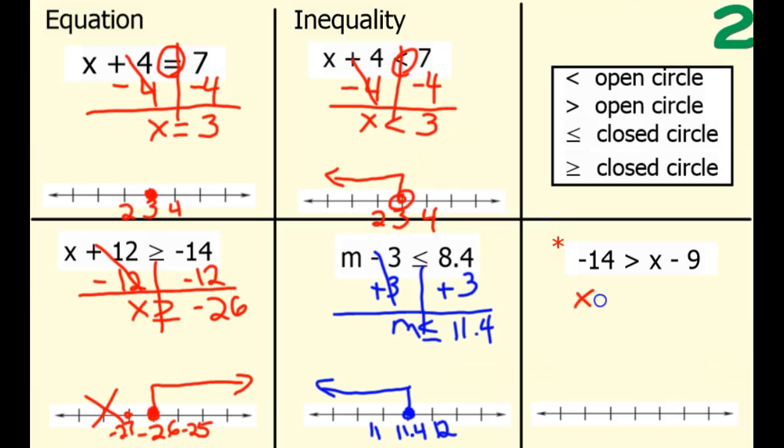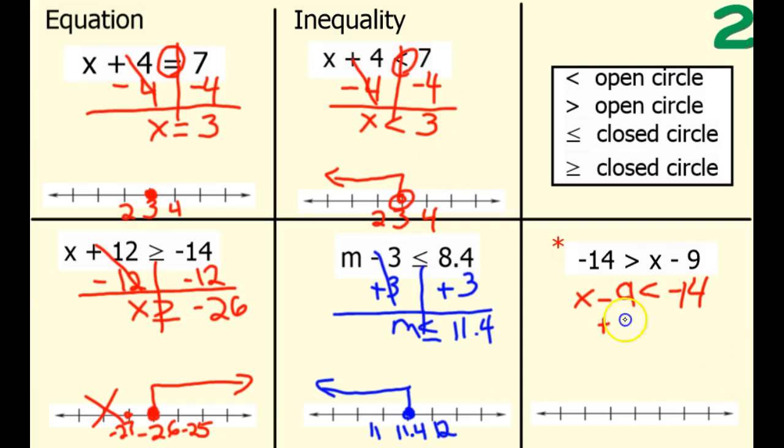X minus 9. Now we're going to flip the sign. So instead of greater than, now it's going to be a less than sign. Negative 14. So whenever we're trying to get the variable on the left, we're just flipping the sign. So x minus 9 is less than negative 14.